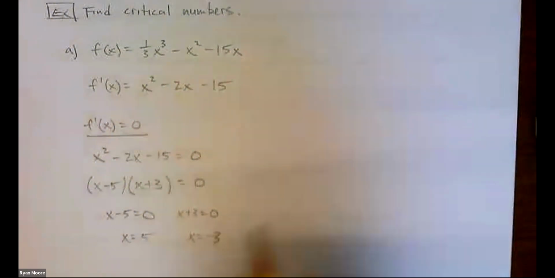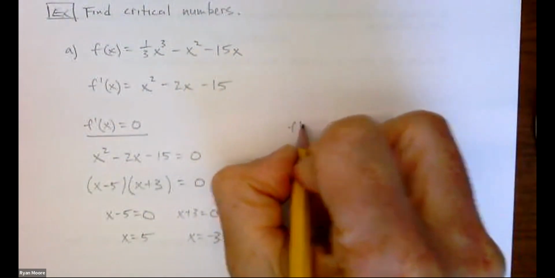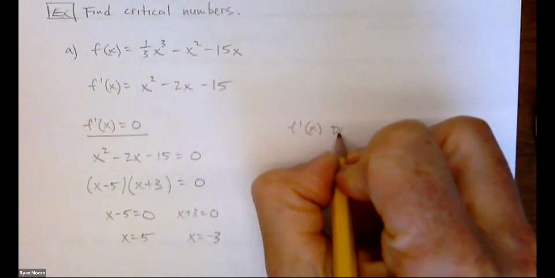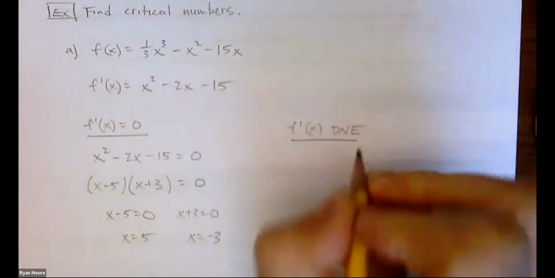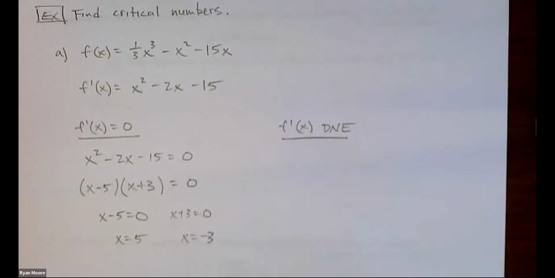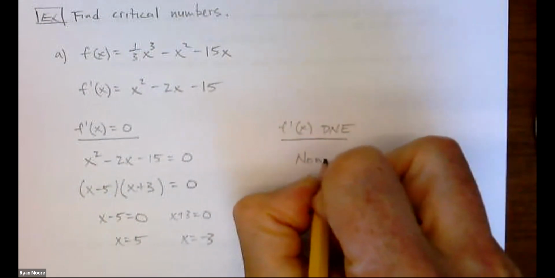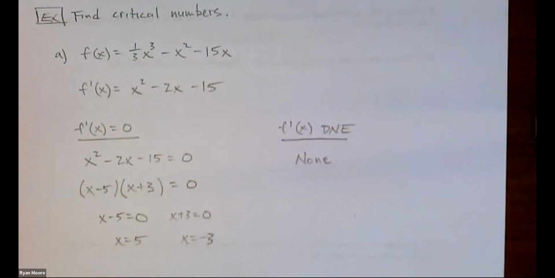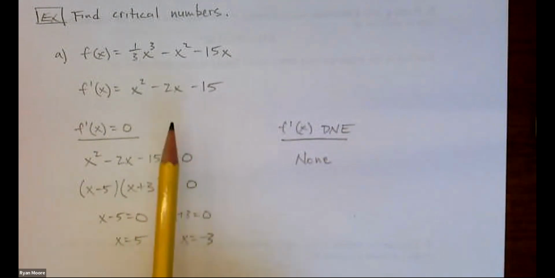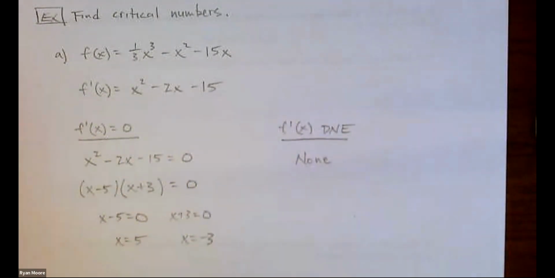Don't stop there though. We also want to look at, hey, are there any x values where the derivative does not exist? For this function and this derivative, no, there are none. So in part B, we'll look at one where this will have some possibilities for x.